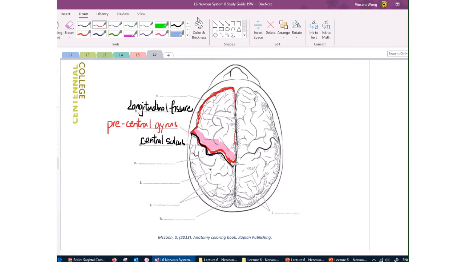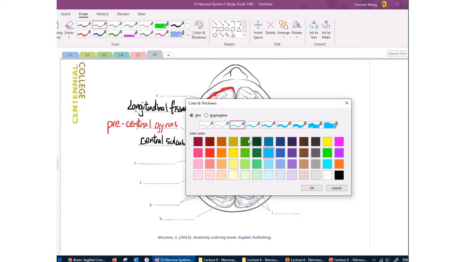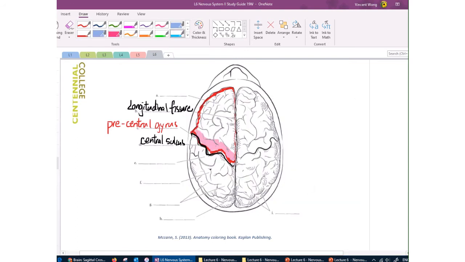And at the back here, we have the parietal lobe. We have the parietal lobe all the way to maybe around there. And at the front of the parietal lobe, that's where you will have the postcentral gyrus.